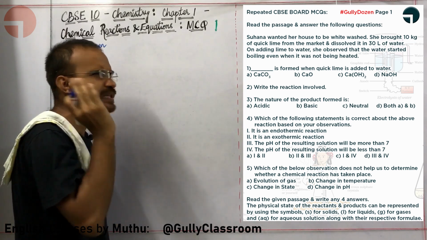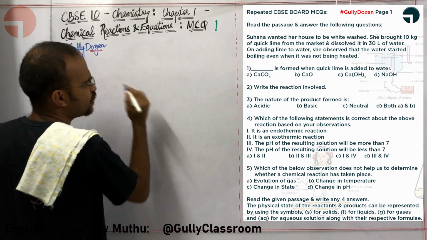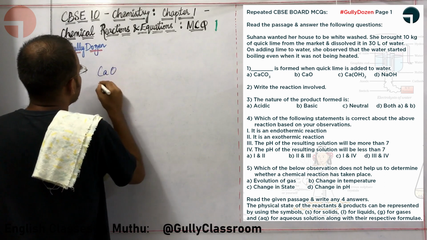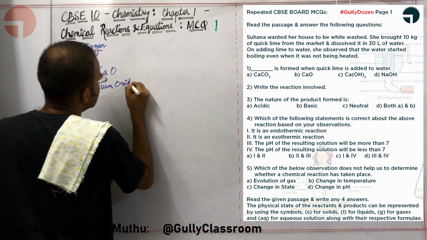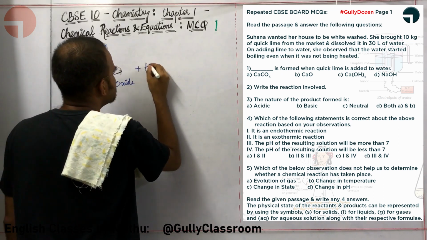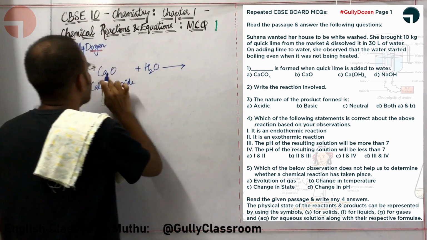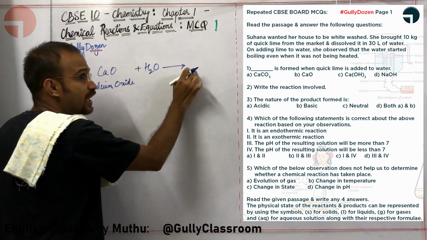Okay, so what is happening right now? Suhana is buying quicklime. What is quicklime? Quicklime is calcium oxide. She is mixing it with water. What are you getting?